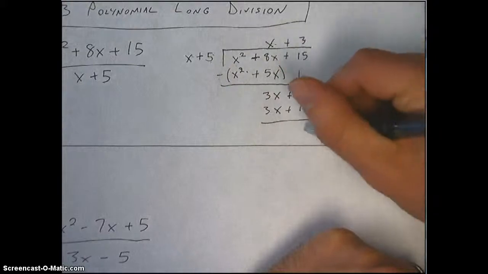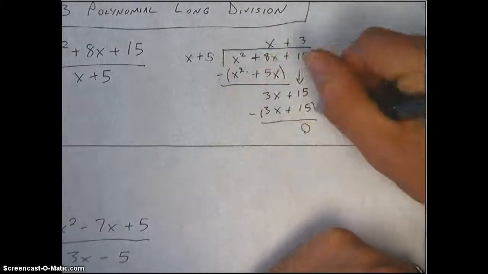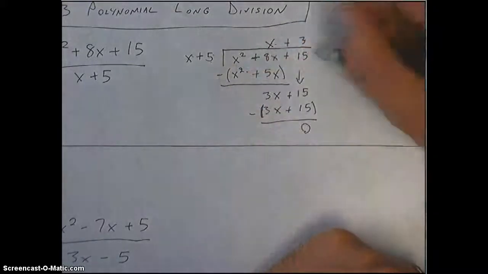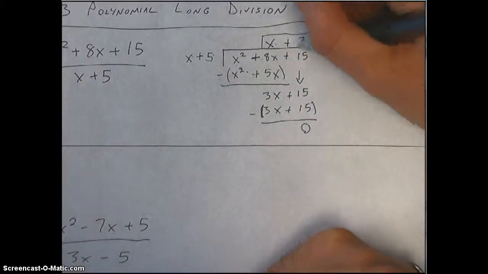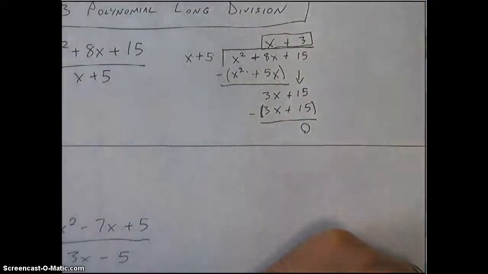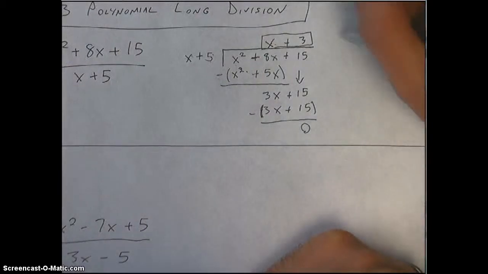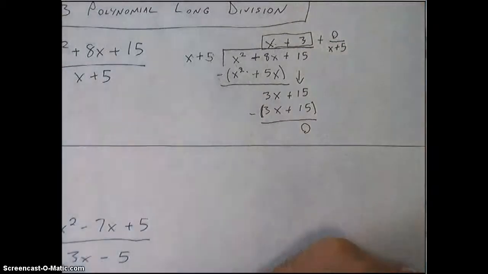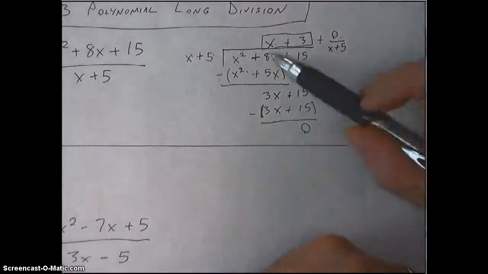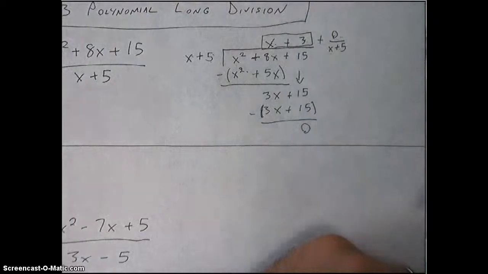That's 0 when you subtract them. So there's no remainder here. So the answer, of course, is just x plus 3. Had there been a remainder, we would have added it here. We would have put plus 0 over x plus 5. Of course, there is no remainder. 0 divided by anything is still 0. So the answer is just x plus 3.